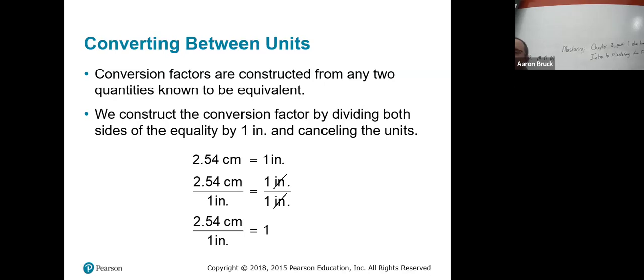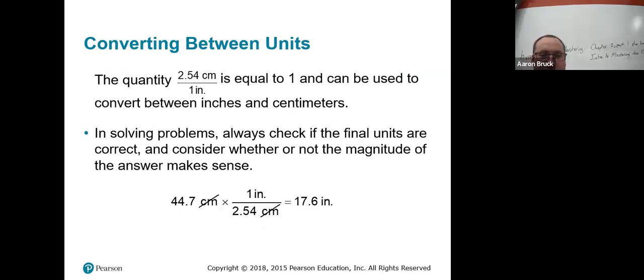But what that means is that my equation, my conversion factor, I can write like this: 2.54 centimeters divided by 1 inch. Since 2.54 centimeters and 1 inch are the same thing, it's like I've got a quantity that is equal to 1. So it doesn't matter if I multiply the 2.54 centimeters or divide by the 2.54 centimeters. The result will be exactly the same.